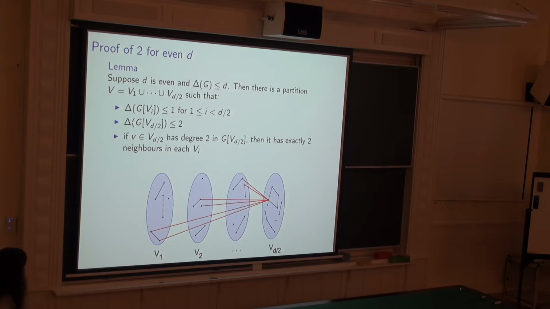This is the first condition. So there are independent edges and maybe some single vertices. In the last part, the maximum degree inside is at most 2, so there are cycles and paths. And the third condition says if there is a vertex of degree 2 in this last part, then this vertex has exactly 2 neighbors in all the other parts.